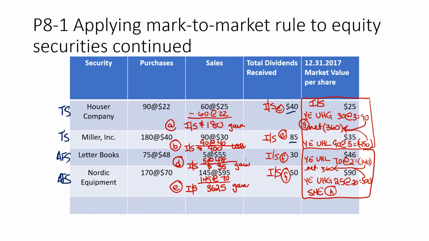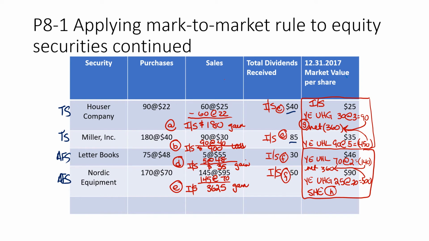In addition, Letter declared and paid a dividend of $30 to us, so we have dividend income on the income statement of $30. At year end, though, the fair value is $46. How many shares do we still have? Well, we sold 5 of the original 75, so we have 70 shares left, and we have been carrying those at 48.